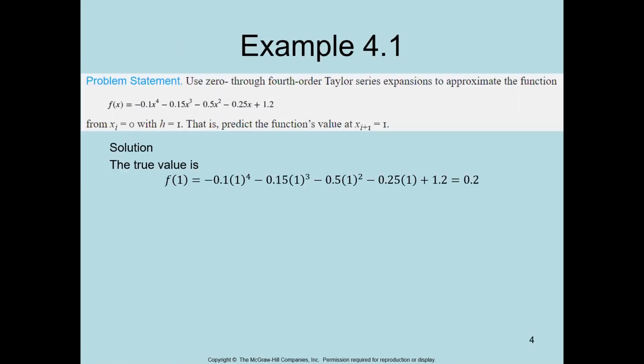As the solution, our first step is to find the true value. We can find the true value by inputting these values: we evaluate this function at x equal to 1.